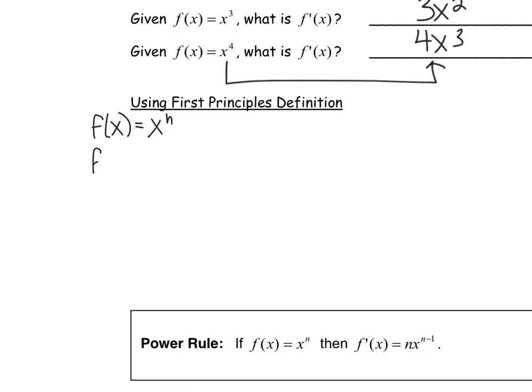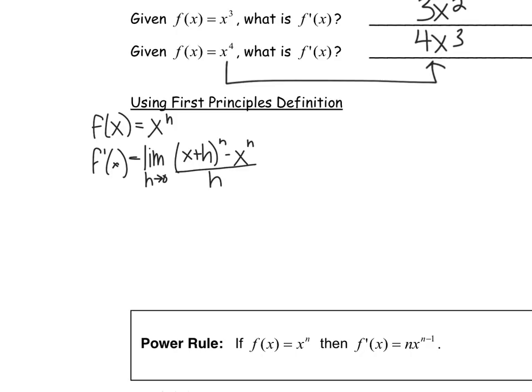Then we're going to find the derivative using first principles. So we have our limit as h approaches 0 of x plus h to the exponent n minus x to the exponent n, all over h.